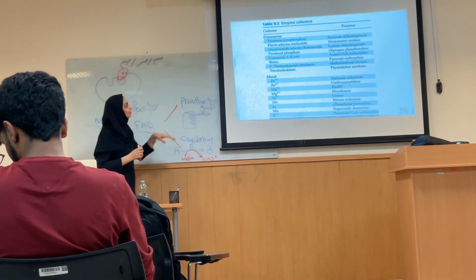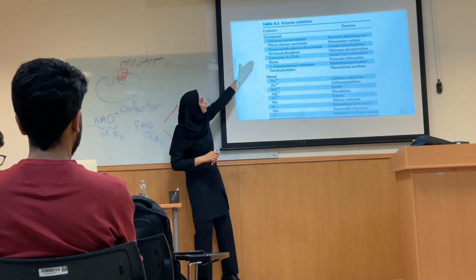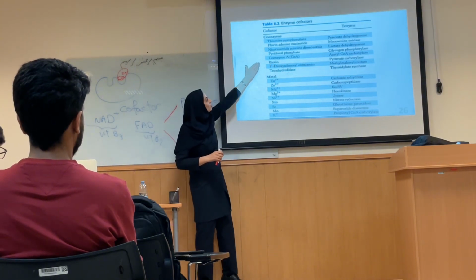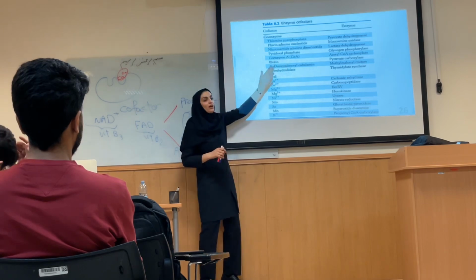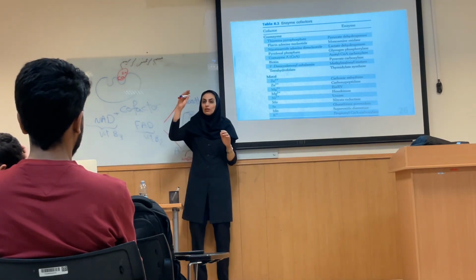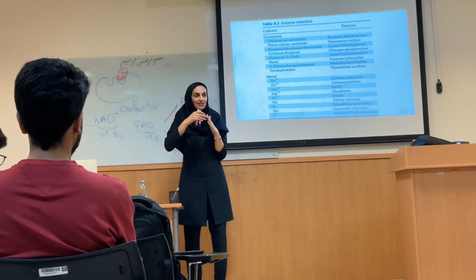Here we can see some examples of coenzymes, different vitamins. For example, biotin is vitamin B7, coenzyme A is vitamin B5. You will study the order of lectures differently because of some educational changes that occurred.